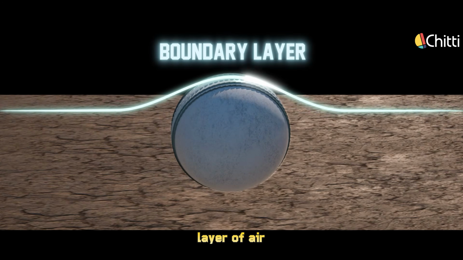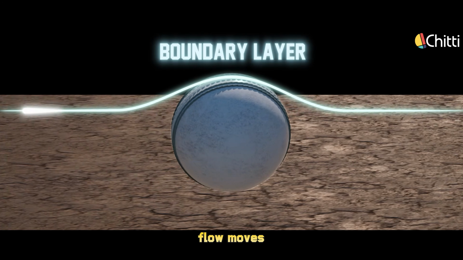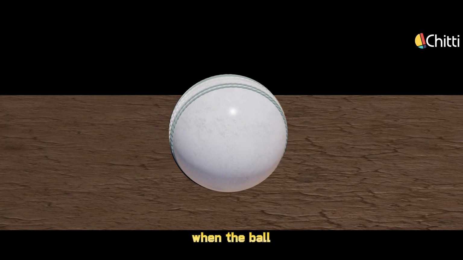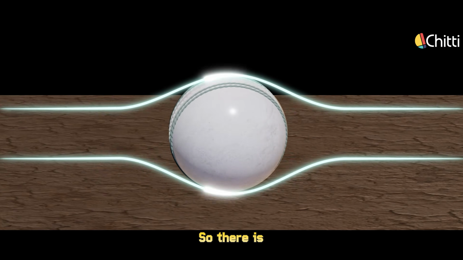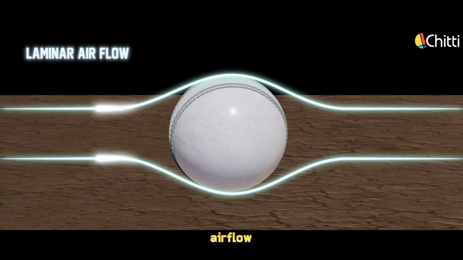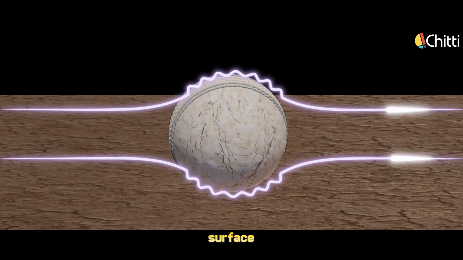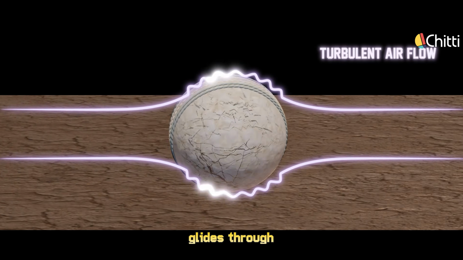It's the first layer of air that interacts with the ball's surface before the rest of the airflow moves around it. There are two types of boundary layers. When the ball is new and shiny, the air will glide across the ball smoothly. So, there is laminar airflow. But as the ball gets old, it develops a rough surface. This creates a turbulent or irregular flow as the ball glides through the air.